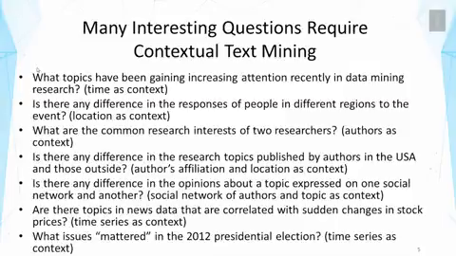Are there topics in news data that are correlated with sudden changes in stock prices? In this case, we can use a time series such as the stock prices as context. What issues mattered in the 2012 presidential campaign or presidential election? Now, in this case, time series again as context. So as you can see, the list can go on and on. Basically, contextual text mining can have many applications.